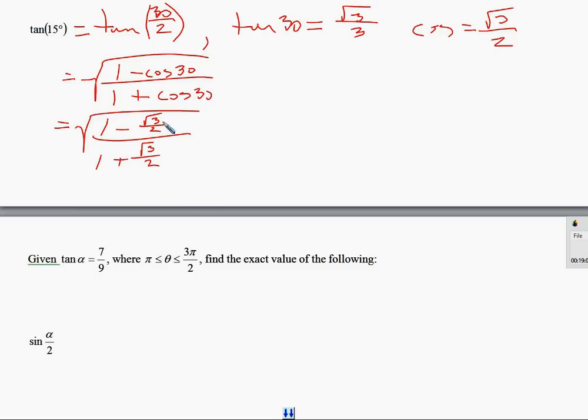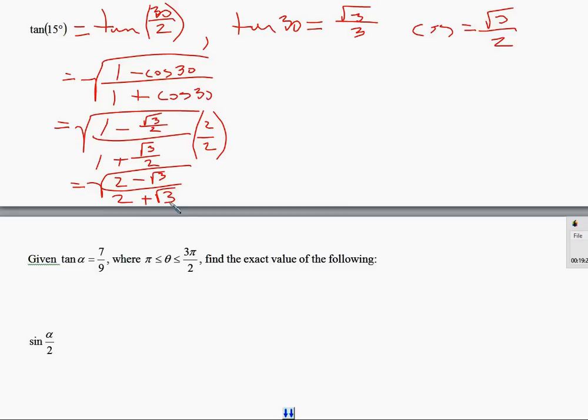And first thing I'm going to do again here also is I want to get rid of these fractions, just clean it up a little bit. So I'm going to multiply top and bottom by 2 over 2. And that's going to break down to the square root of 2 minus, those cancel there, radical 3 over 2 plus radical 3. And now, some textbooks will stop there.